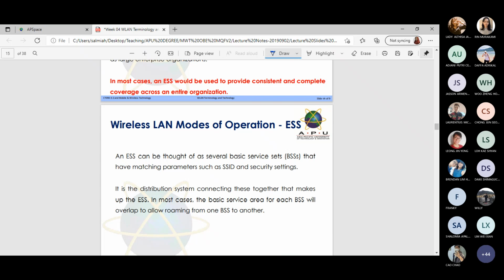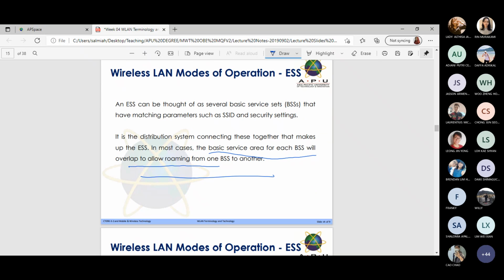One thing you have to understand: the basic service area for each basic service set will overlap. If we have one backbone with many access points, for example, this backbone connects to the switch, port 1, port 2, port 3.